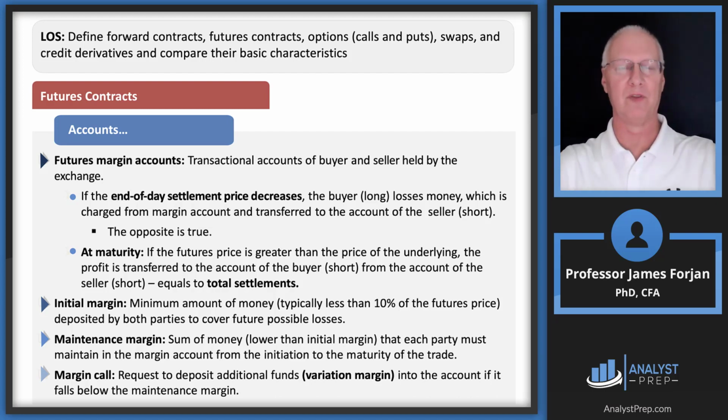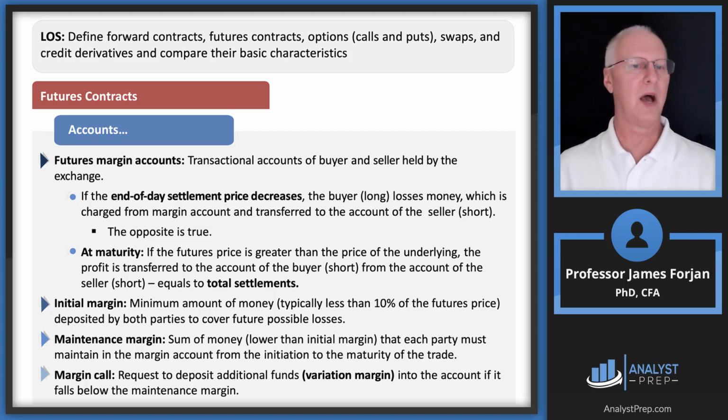So what happens is that when that margin goes from 95 maybe to 90 to 80, but once it goes below that, then that party has to put the full $100 back in. So that's what a margin call is, and they'll have to deposit additional funds, which gets to the variation margin.